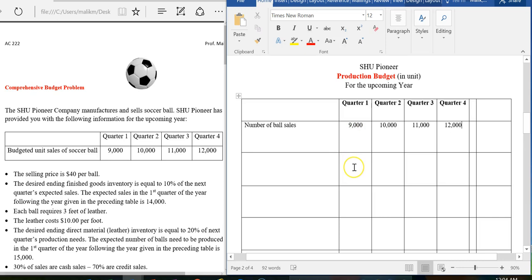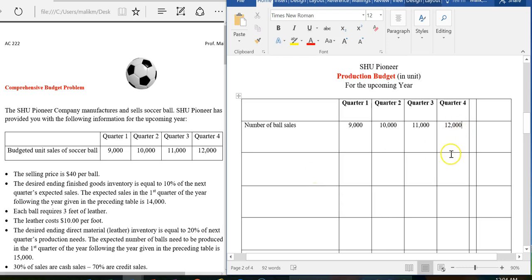So when we do quarter one, we need to check what our next quarter is, which is quarter two. Then we take 10% of it to calculate our desired inventory. This is how we'll figure out our desired ending inventory.